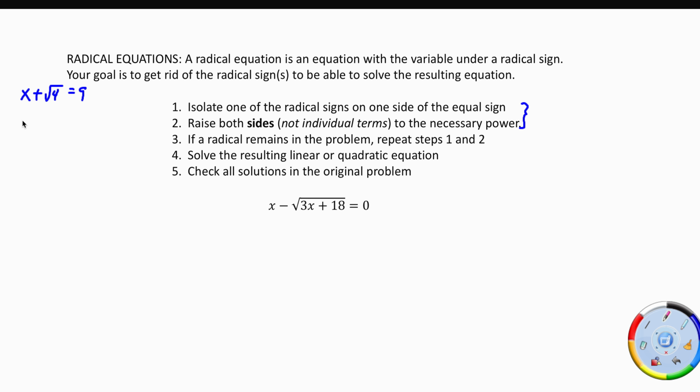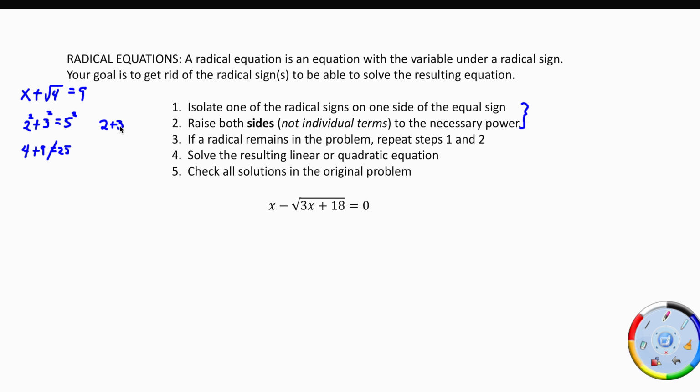All right, let's do an equation that we can easily tell the answer to. 2 plus 3 equals 5. Okay, if I go through here and square my individual terms, I get 4 plus 9 equals 25, which is not true. That does not work. We cannot square individual terms.